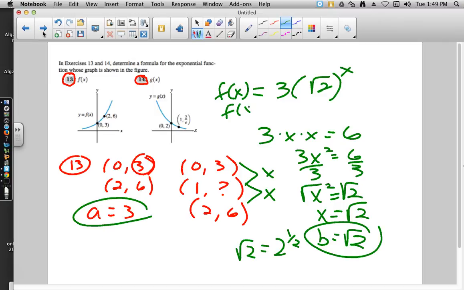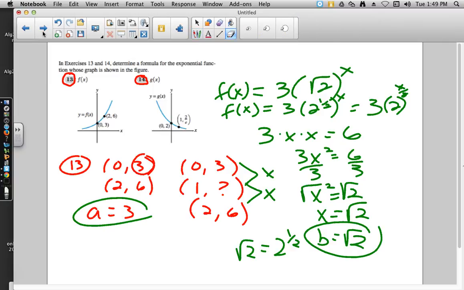So this will be f of x equals 3 times 2 to the 1/2 to the x, which is 3 times 2, and then power to a power, you multiply. So 1/2 times x would be x over 2, or 1/2 x. It really doesn't matter as long as we can show that we understand that that power to a power is to multiply.